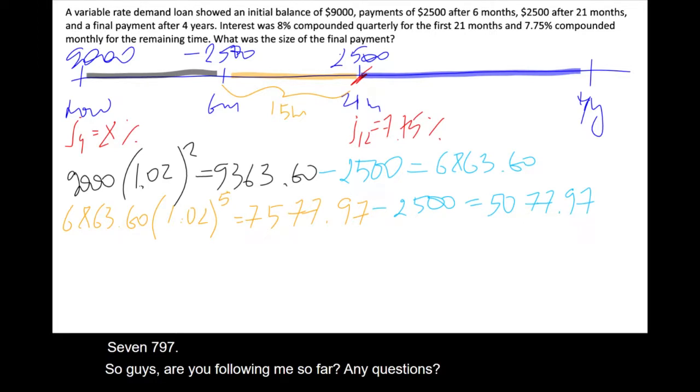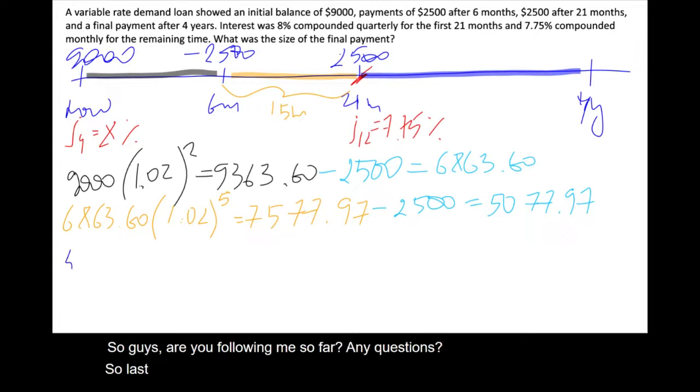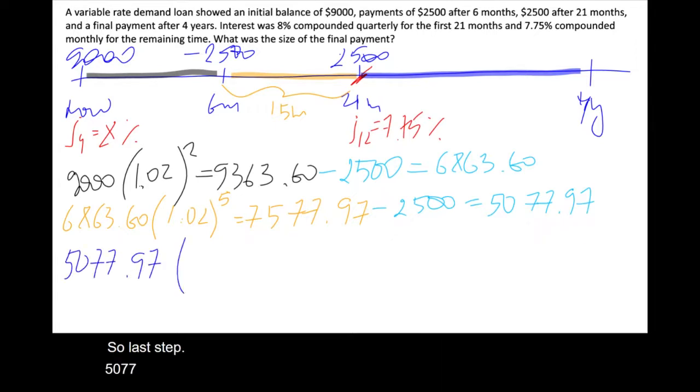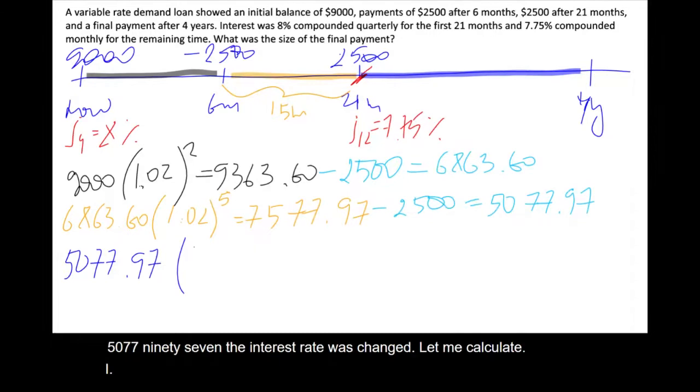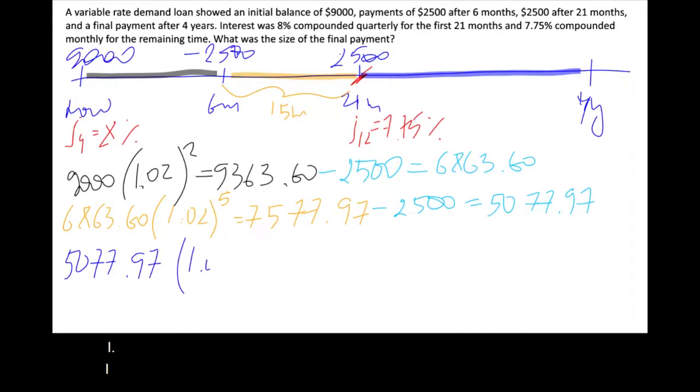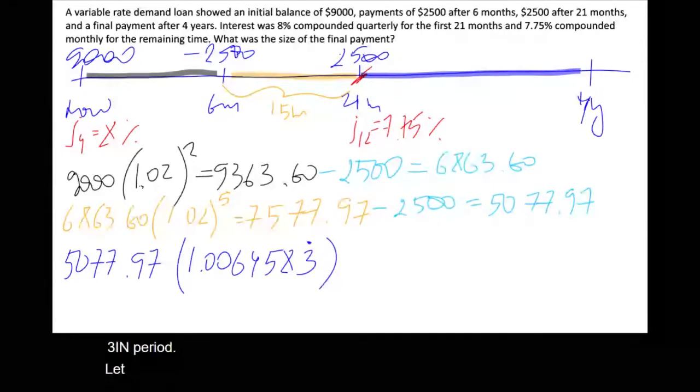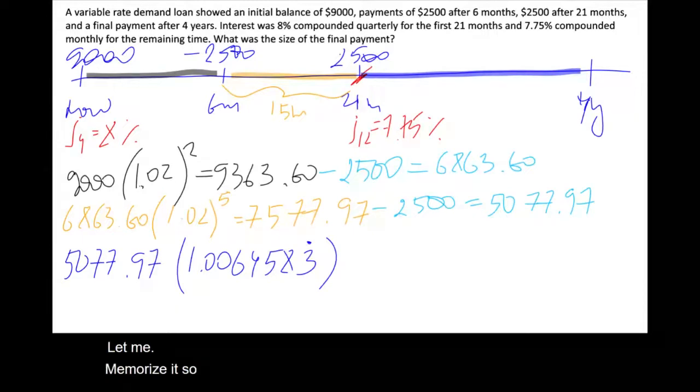Okay, so last step, 5,077.97. Interest rate was changed. Let me calculate i. i is nice, beautiful, long number. 0.64583 in period. Let me memorize it so I don't have to.